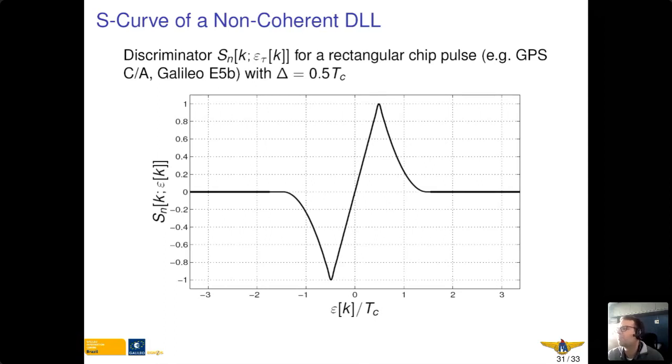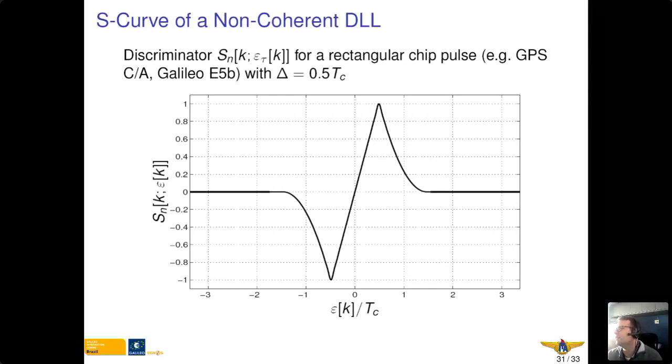So this approximation of the S curve as a linear function is justified for small errors. For errors up to maybe, let's say, half a chip, or a little bit less than half a chip, this is justified. And a delay estimation error of half a chip is already very large.